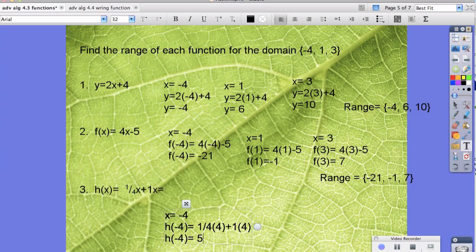Therefore, we have 5. Next one, x equals 1. H of 1 equals 1/4 times 1, plus 1 times 1. H of 1 turns out to be 5/4.